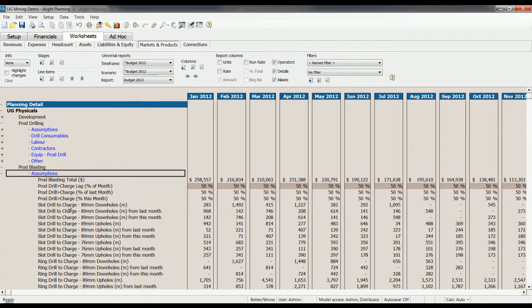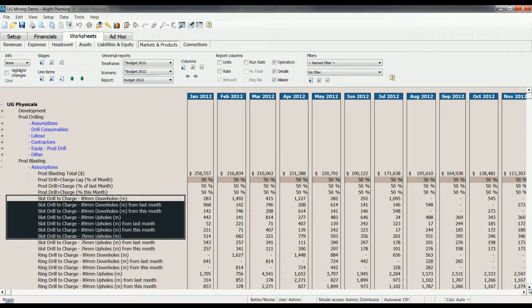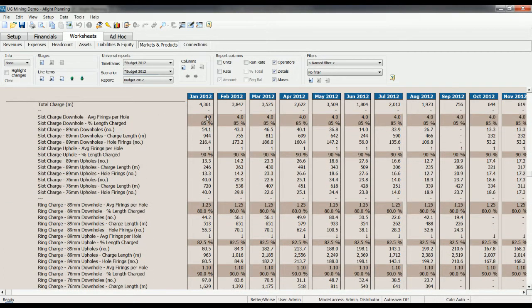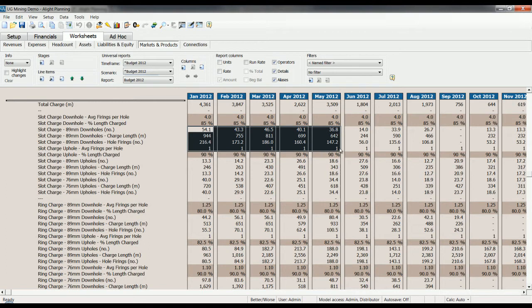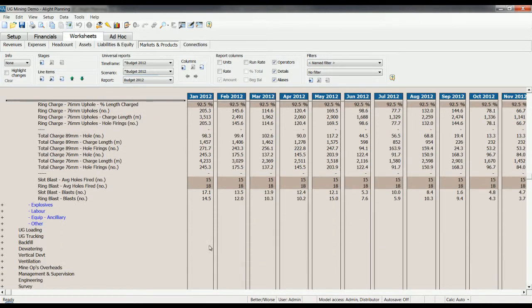You can see that this is an extremely low level of detail. Again, all of these manual entries are the planning assumptions. These non-shaded cells are the calculated values.